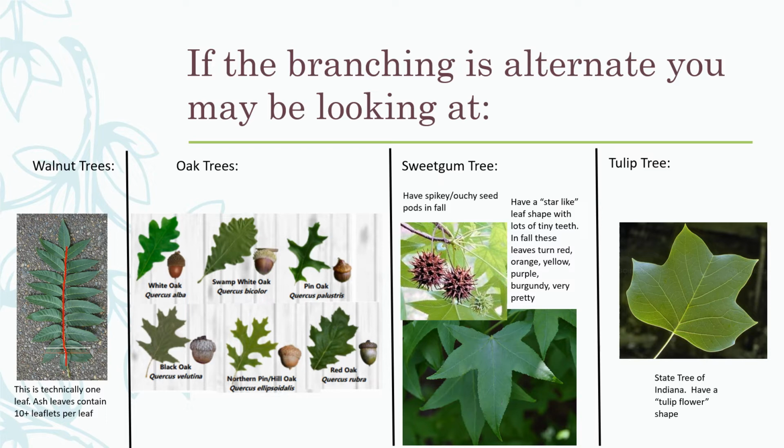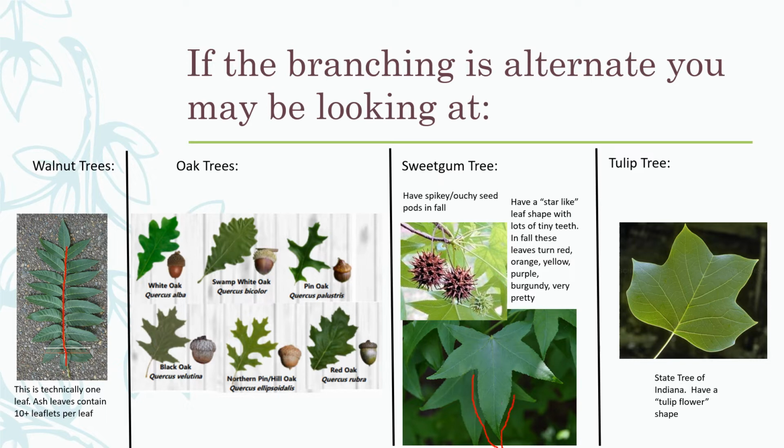Then we've got sweet gum trees. These guys in the fall have spiky, ouchy seed pods. I call them spiky cherries, all right? So they've got a very distinct seed pod, pain in the butt to walk on and to mow over, but they have a very unique star-like shape of their leaves.